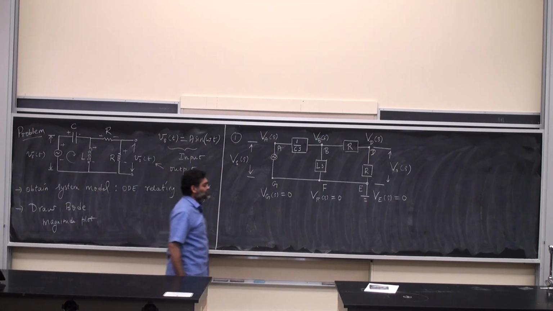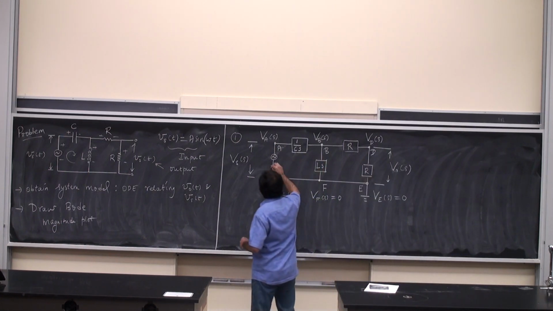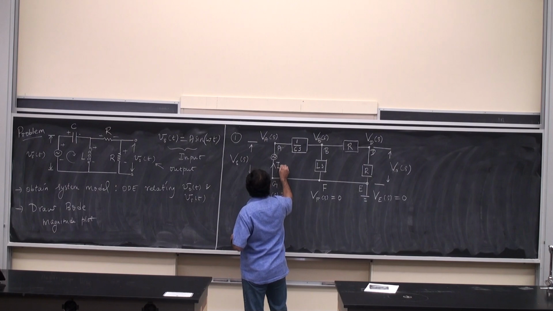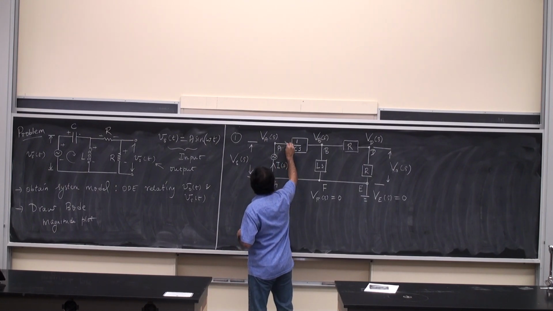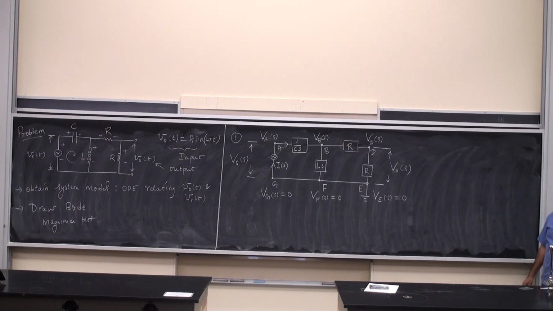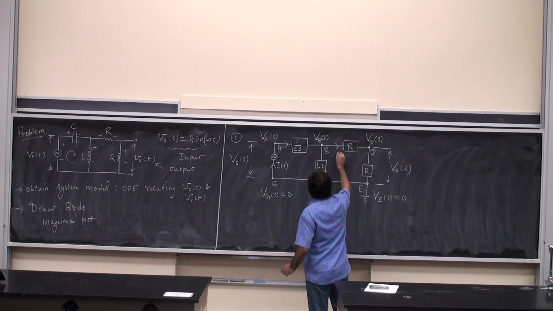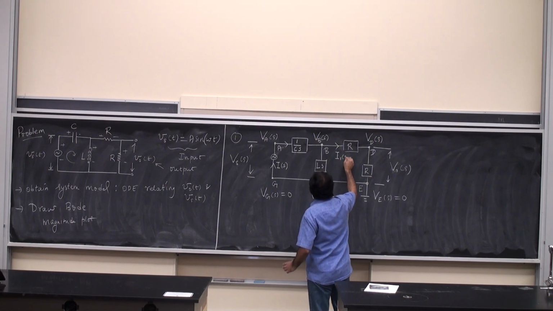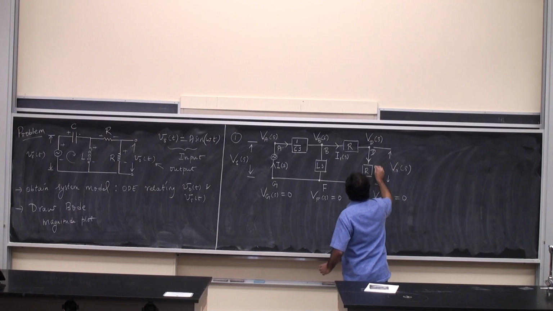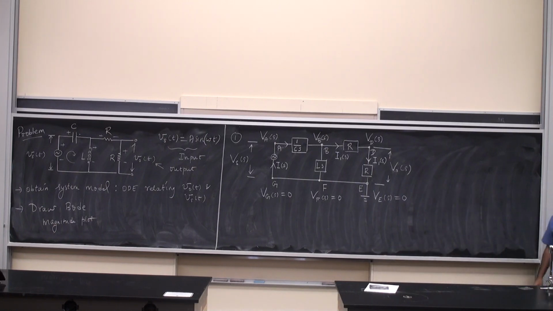I start off with labeling the main branch current as I of S. Once it reaches the node B, it branches off into two, as you know from Kirchhoff's current law. So I'm going to have an I1 of S, which is also the current through the second resistor there, and then I have an I2 of S.